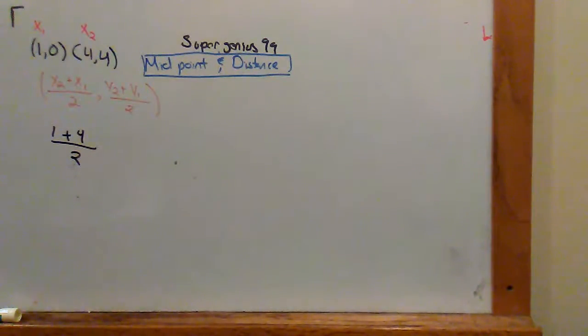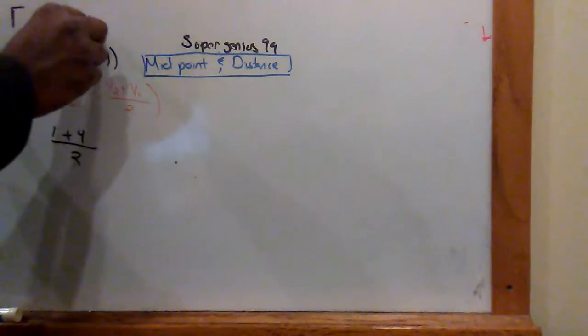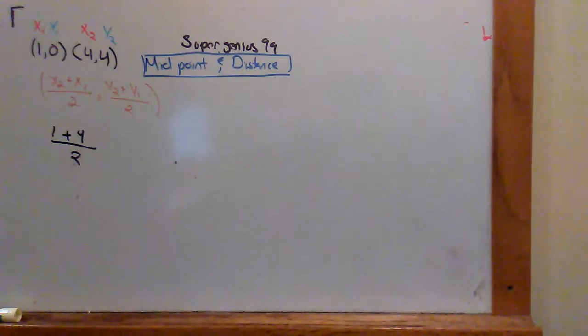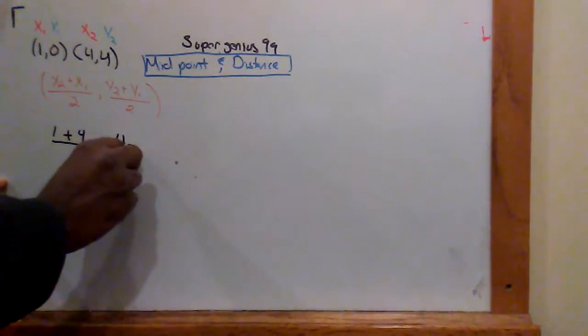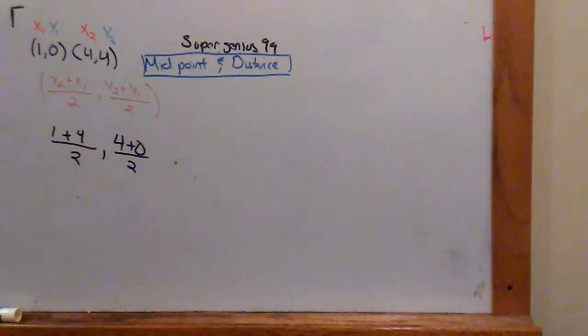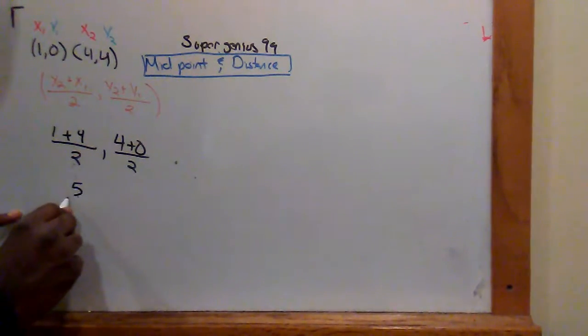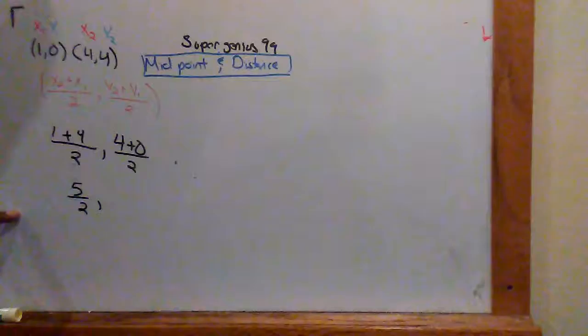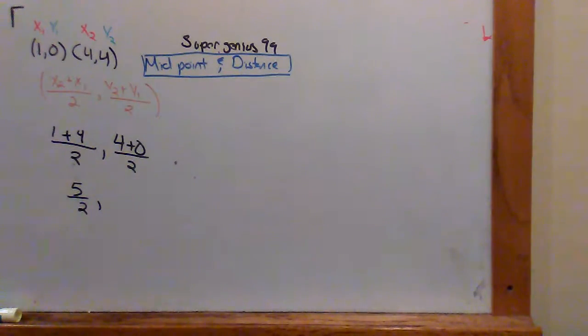And then which ones are the y values? So the y values are here. So add those up and divide by 2. Okay, so 1 plus 4 is how much? And 4 plus 0 is how much?